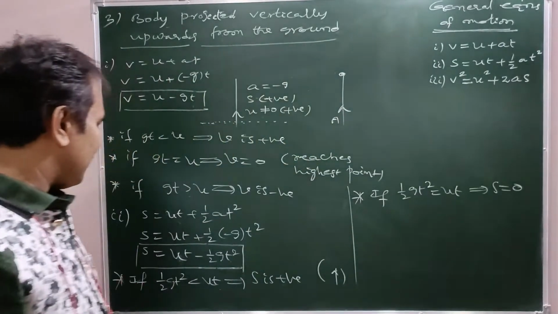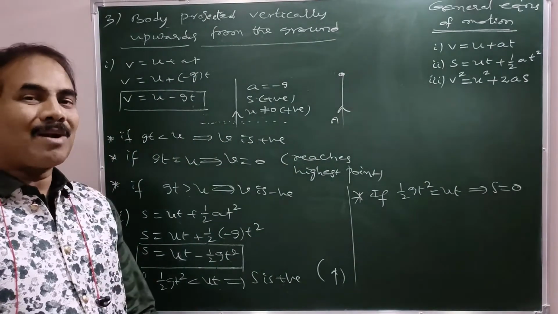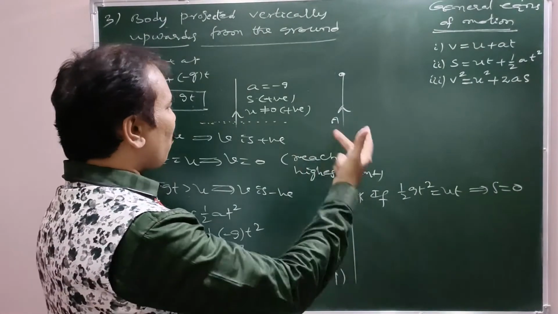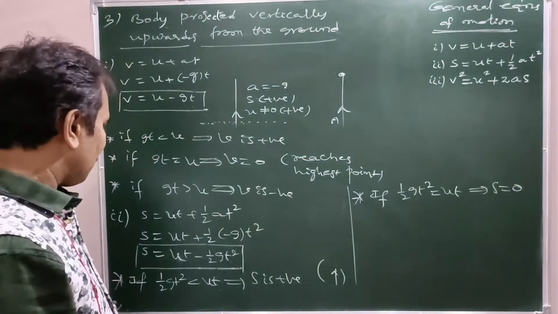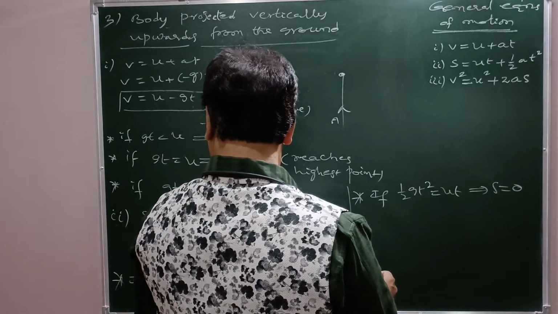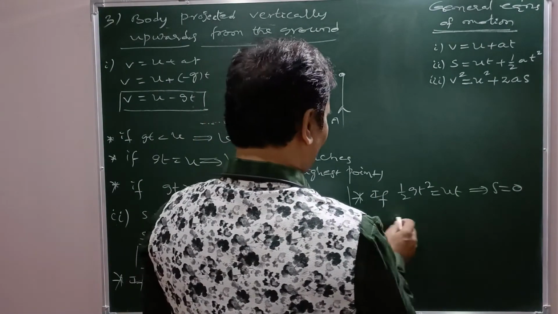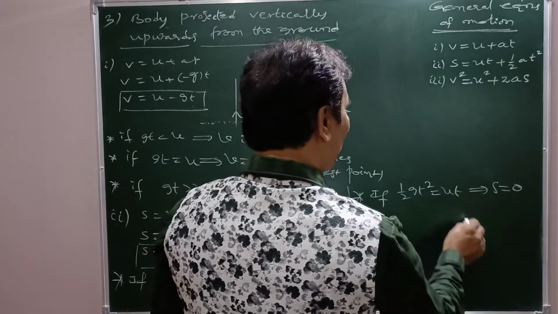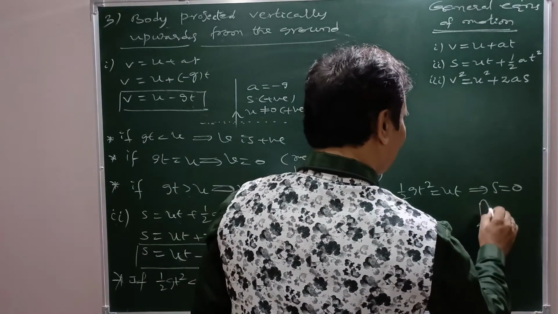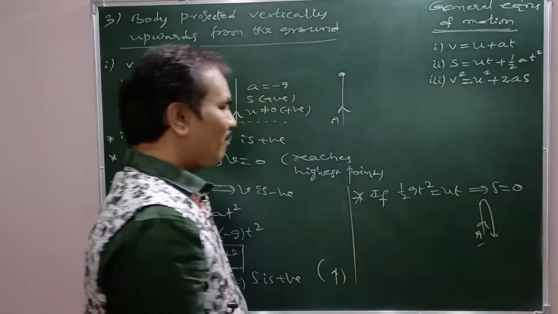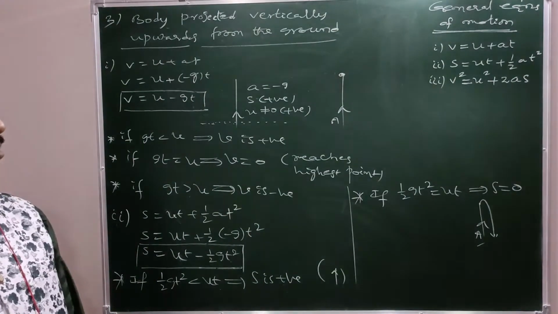S equal to 0 in the sense, what is the significance? Total displacement is 0 means the body reaches the point of projection. Right? That is the meaning. S equal to 0 means the body reaches the point of projection.